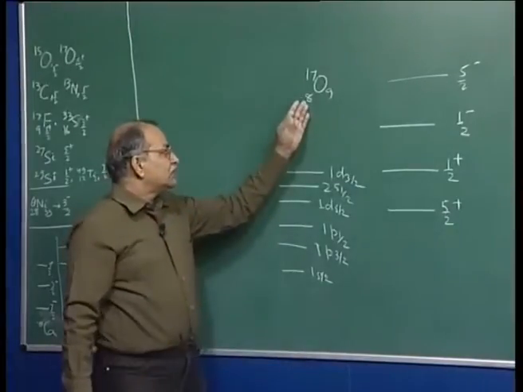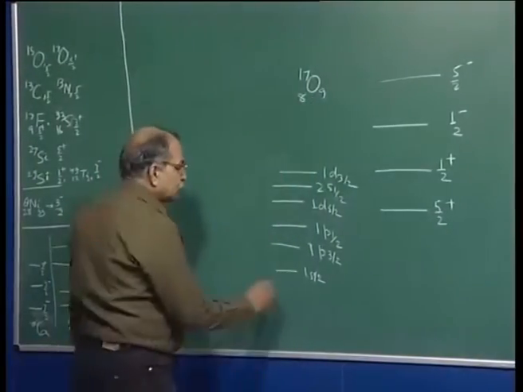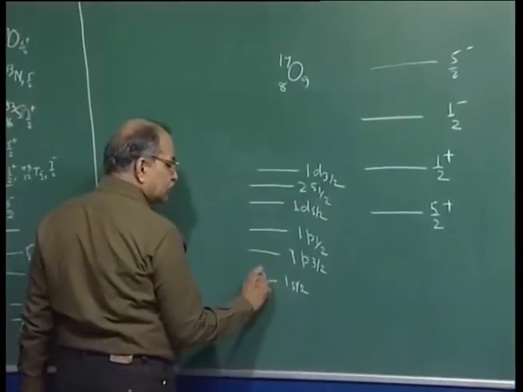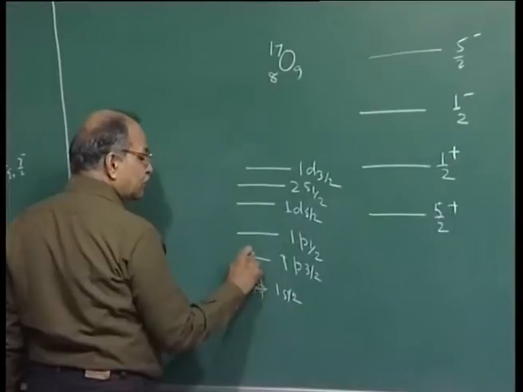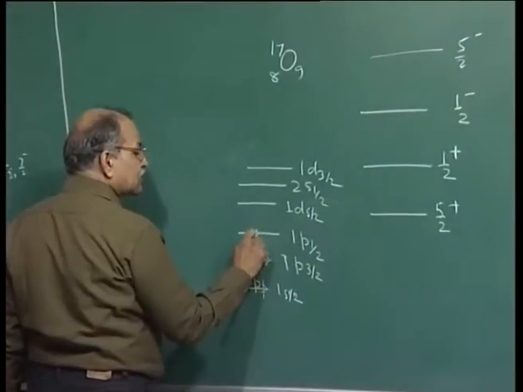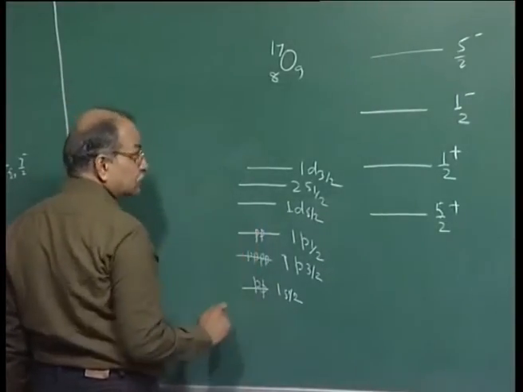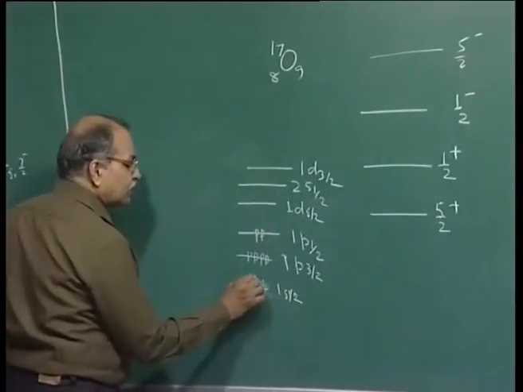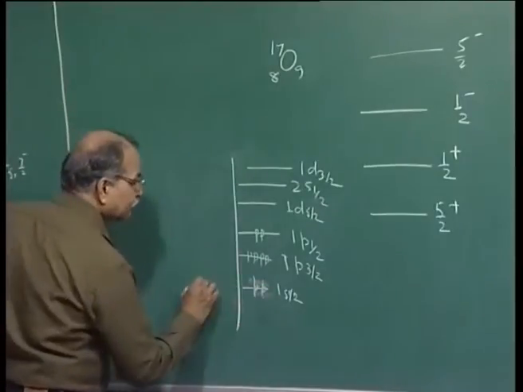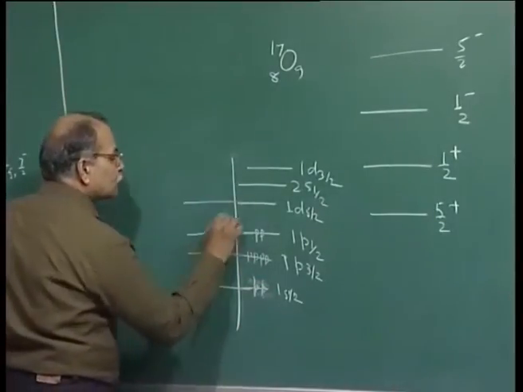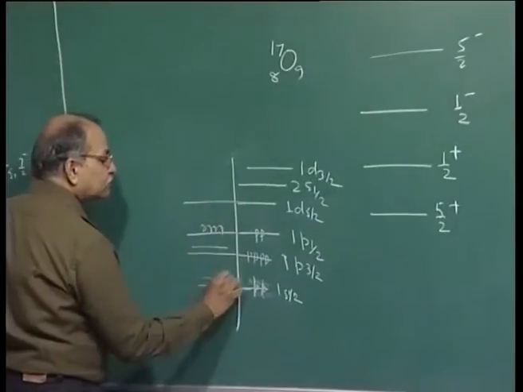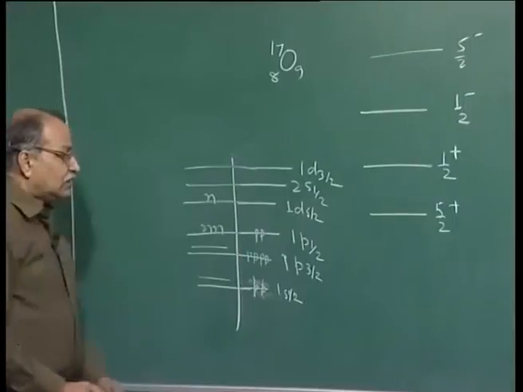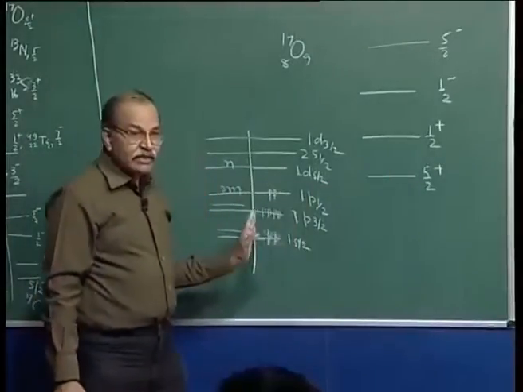Protons we do not have to see, look at the neutrons only. All these will be filled, up to here it is 8. So, neutrons up to here are all filled, and the next one is here, 5/2 plus, okay, ground state.